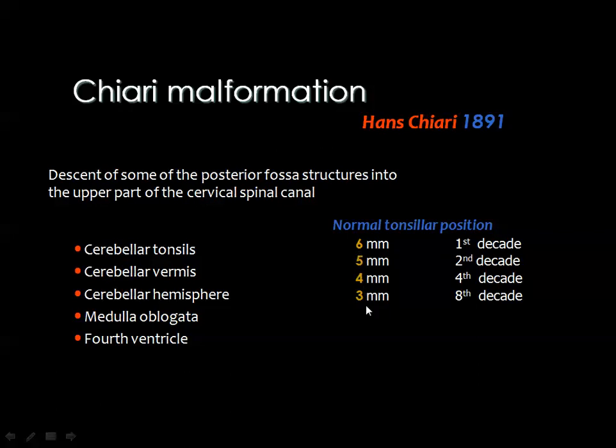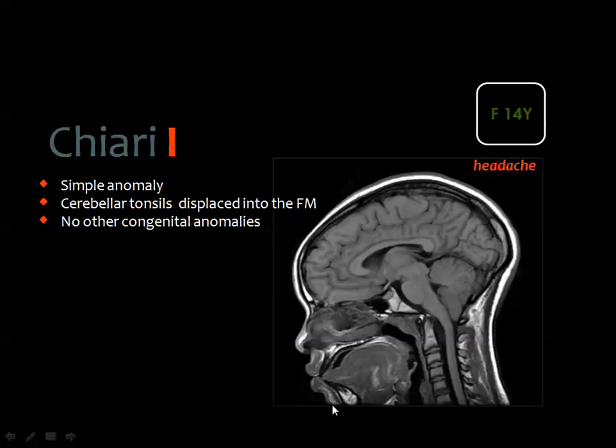Then it decreases with age, reaching about 3 millimeters. If you look here, this is the cerebellar tonsil, and you draw a line from the occipital bone to the anterior edge of the foramen magnum, then you can see that part of the cerebellar tonsil is below this line, and this is known as the Chiari-1.